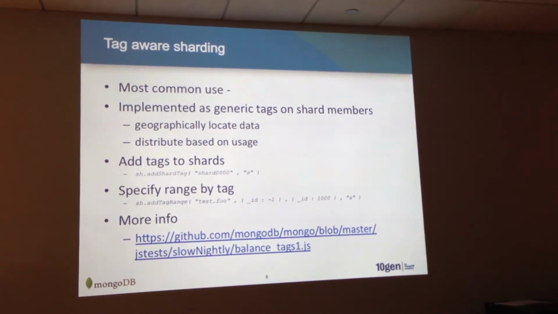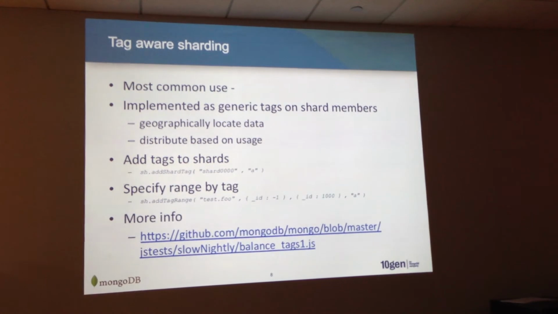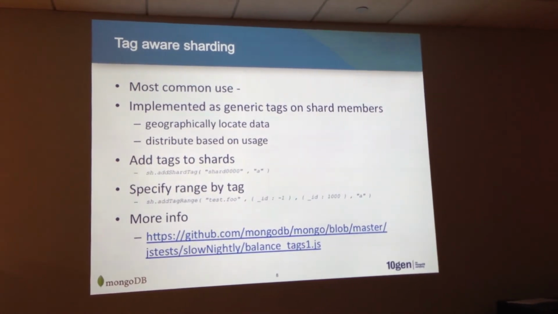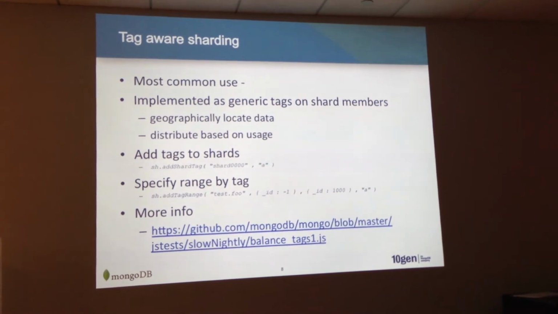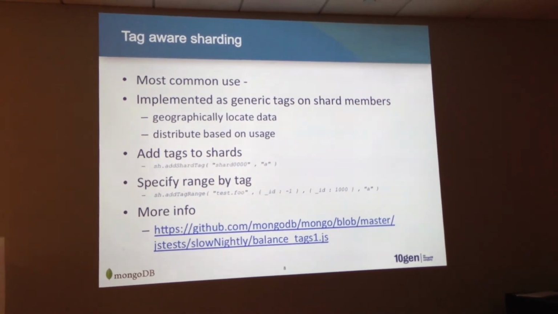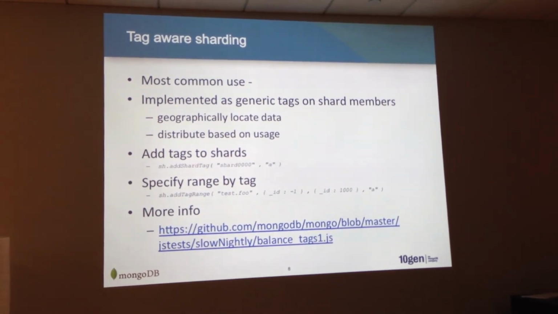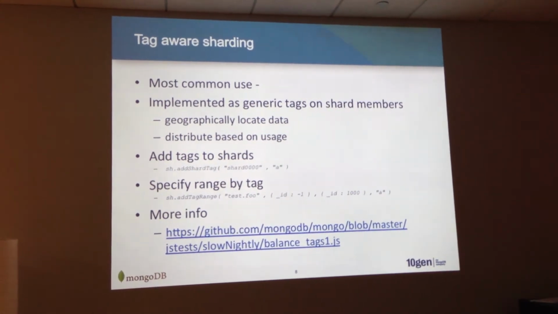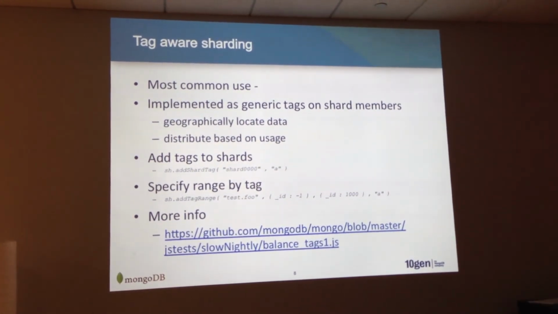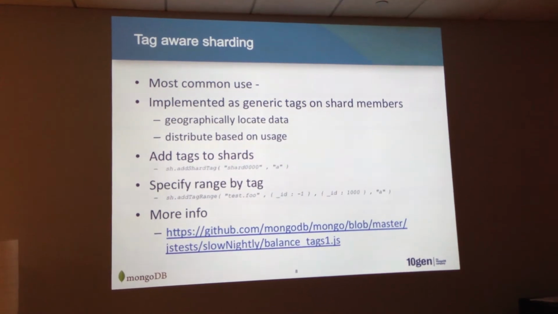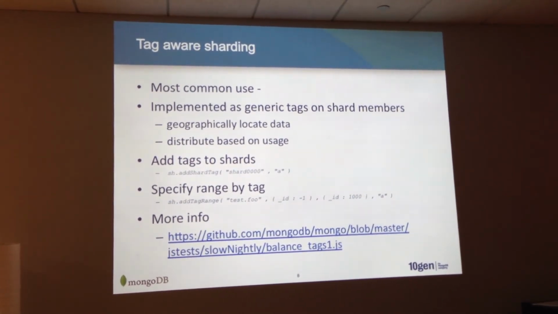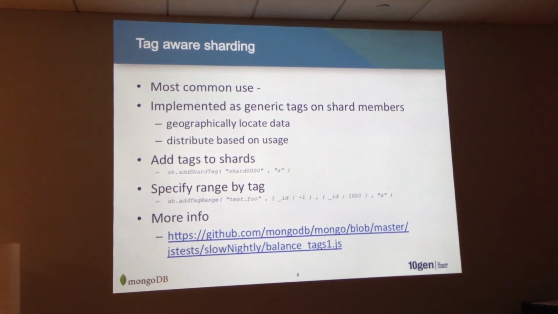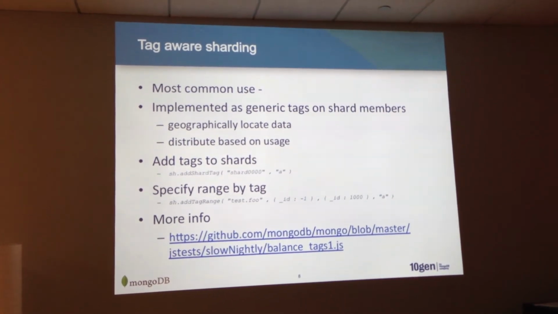So the original goal was to support geo-aware sharding. What geo-aware sharding is, and that became more generically this tagging system, is that let's say you have a whole sharded cluster, you have 4 shards, and you have two shards in the West data center, West Coast, and two shards in the East Coast, you want the writes to stay local.